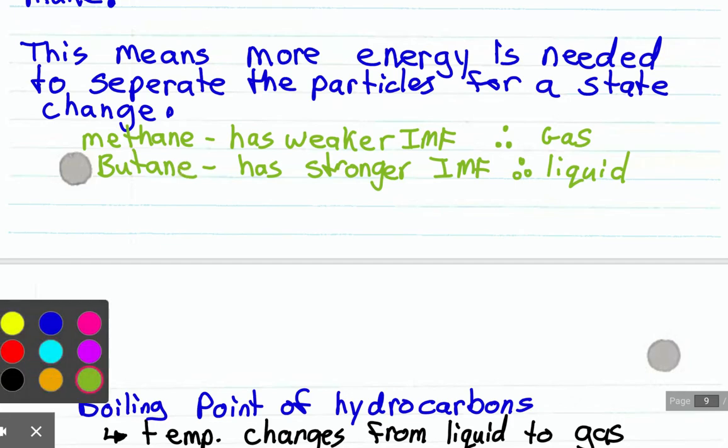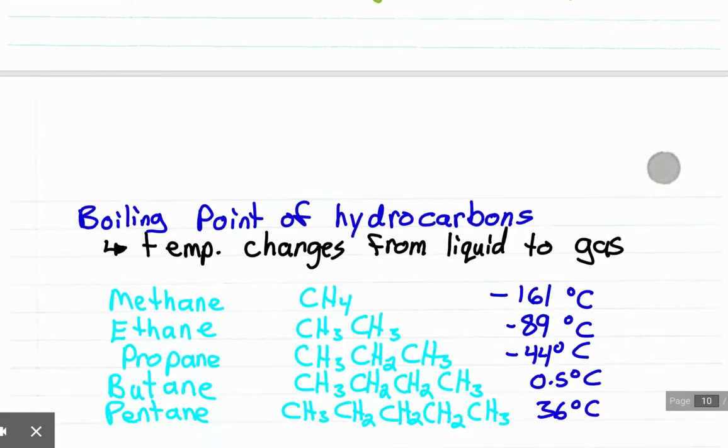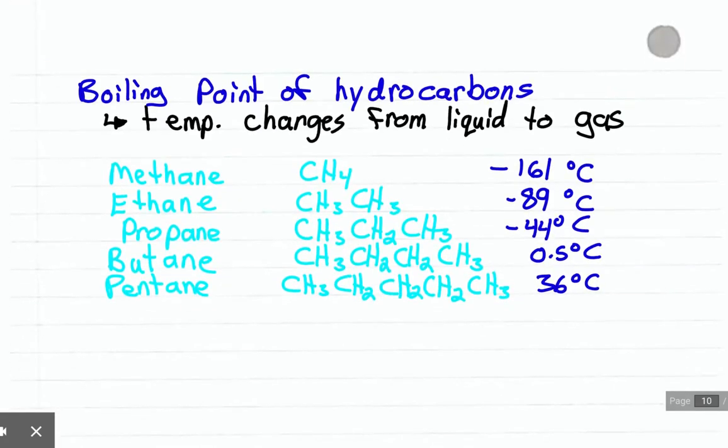making it a liquid. Now, this is really interesting because if we look at what some boiling points are of some of our hydrocarbons, this is when the temperature changes from a liquid to a gas, you can clearly see that as the size of the chain gets longer, the boiling point gets higher.